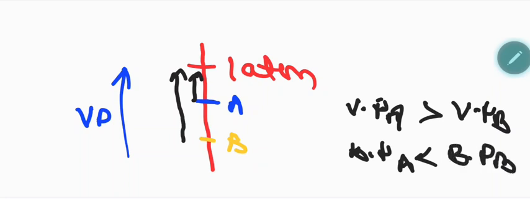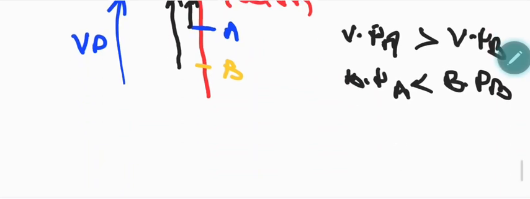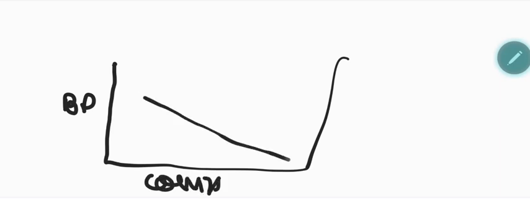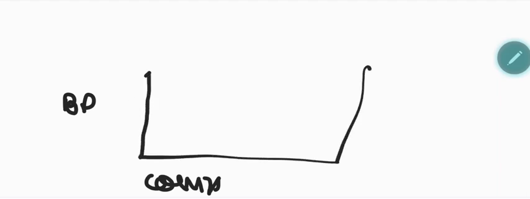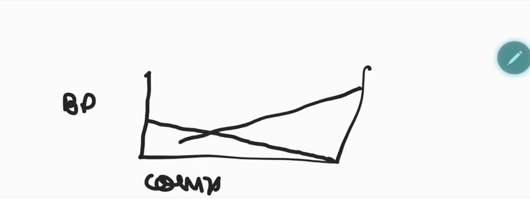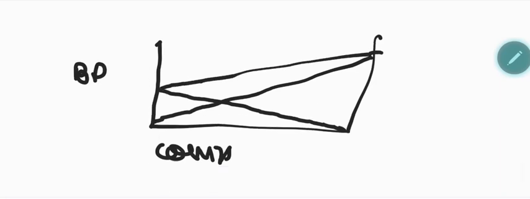Because for A we have to heat less. So from here, if you draw the curve for boiling point and composition, for ideal it will be this one. For ideal, the boiling point of A will be less because its vapor pressure we have taken on the upper side. So the component which has a lower vapor pressure has a higher boiling point and vice versa.